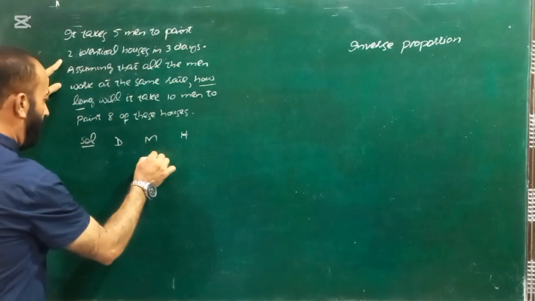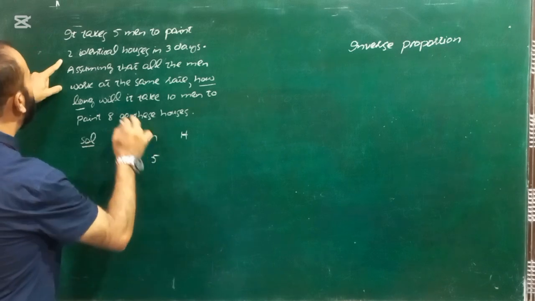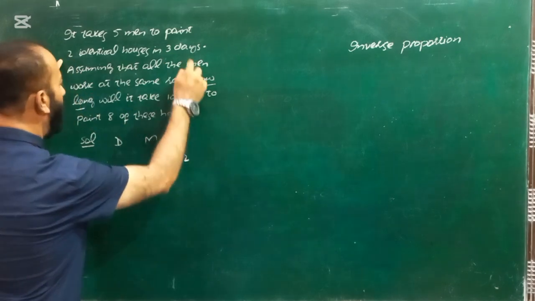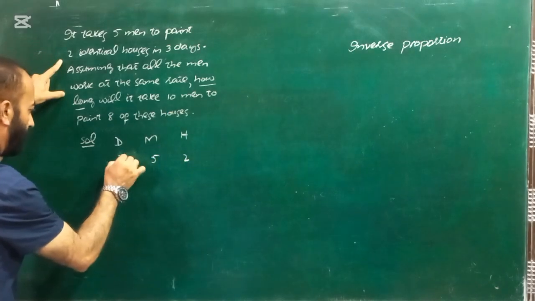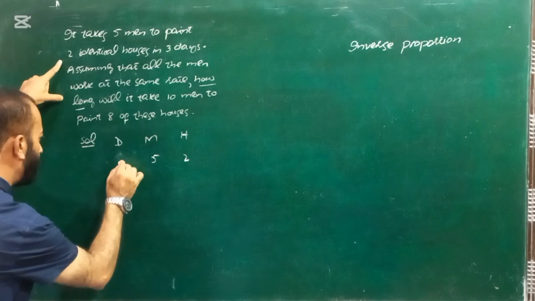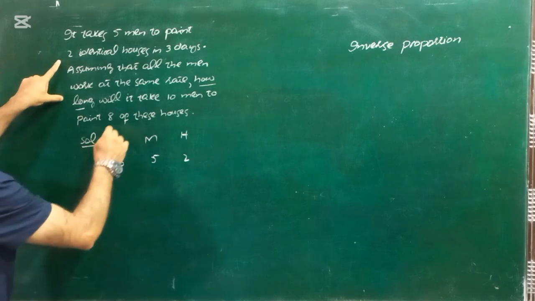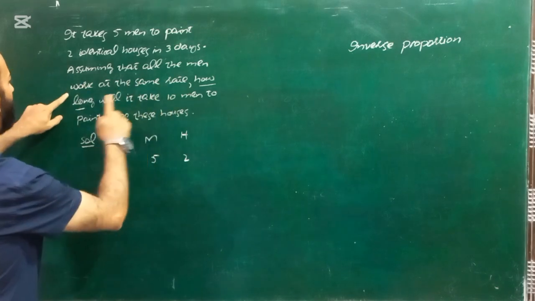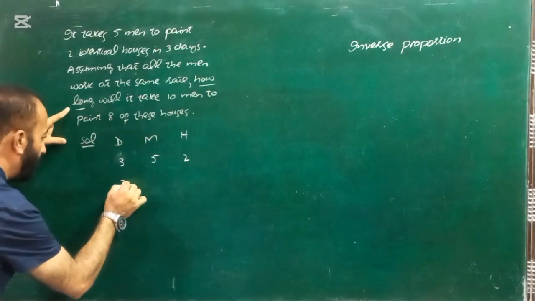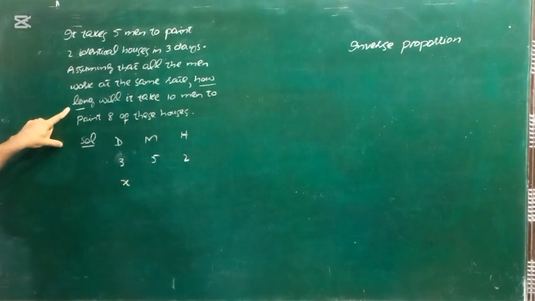So look now, 5 men to paint 2 identical houses in 3 days. This is the thing which is given, so we have to write it here. Now the requirement is, assuming that all the men work at the same rate, how long? So let's suppose X number of days is required.